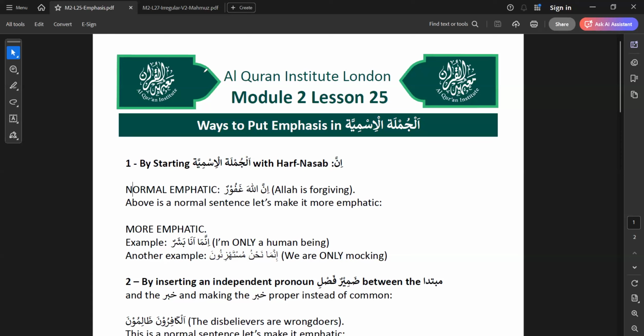We are only mocking. Again, here you notice innama then nahnu mustahzi'un, giving more emphasis. And this is indicated in English by simply using only. And that's why it's indicating the additional emphasis rather than simply indeed that inna implies.